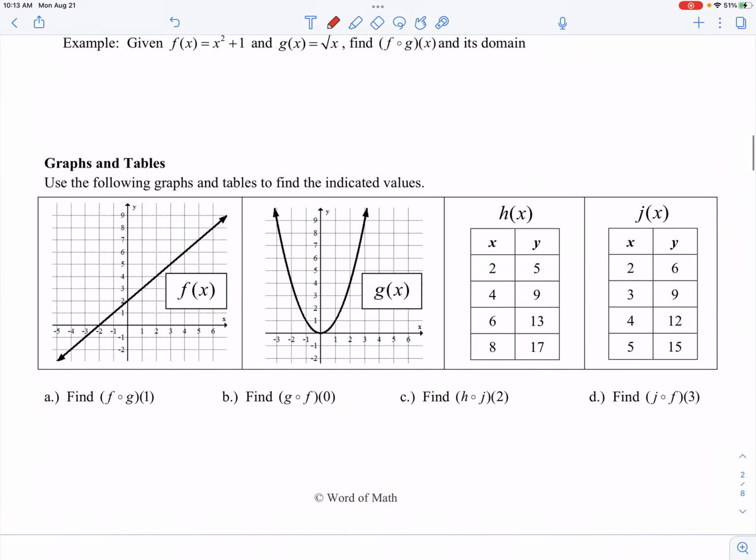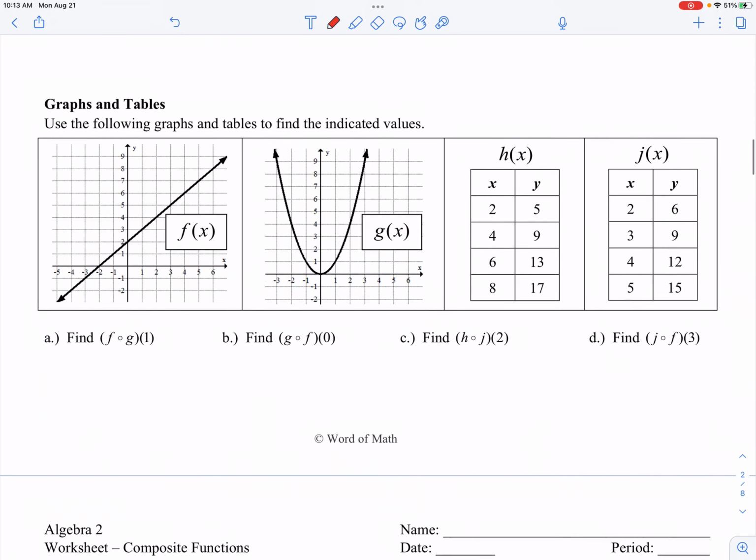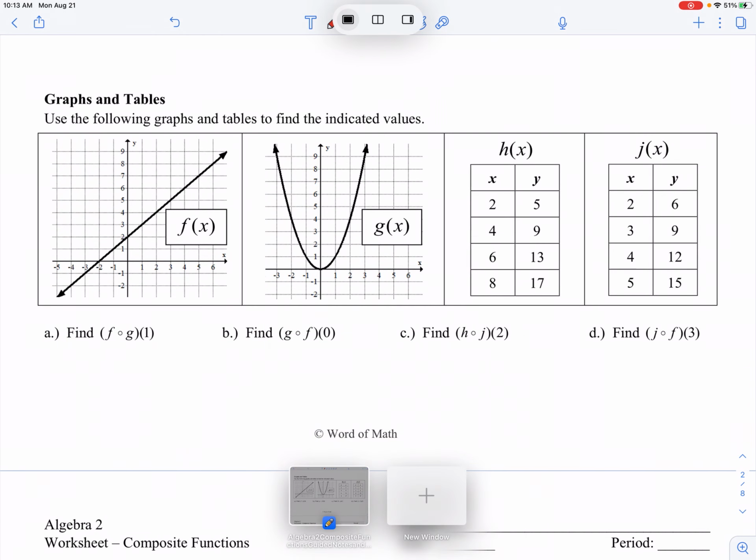We're going to skip through domain. And the last thing we're going to do is we're going to be using our graphs and tables to answer these questions. So just like before, we're going to work our way inside out. So we're going to do our g of 1 function first. So in my g function, which is this parabola, I'm going to go to g of 1. So when my x is 1, my y is 1 right here.